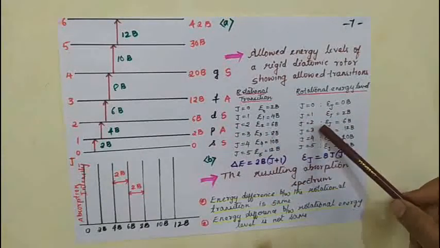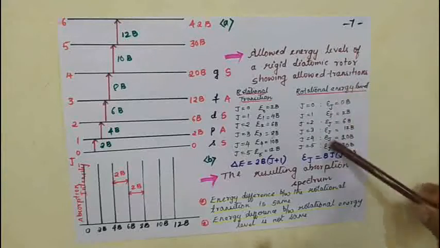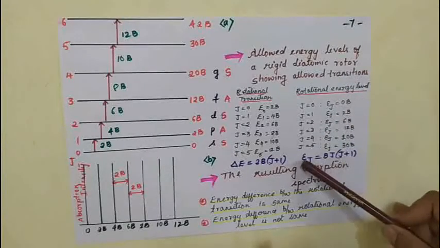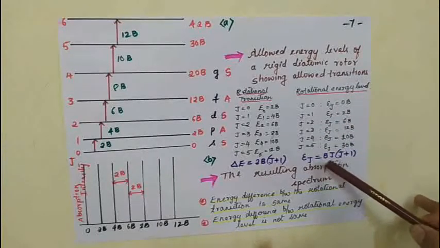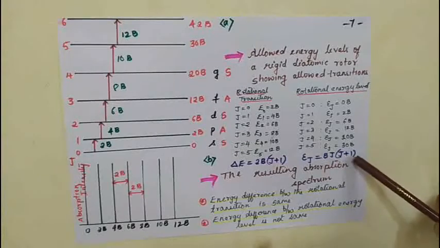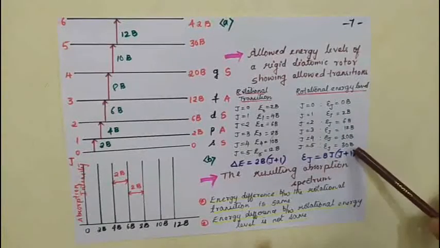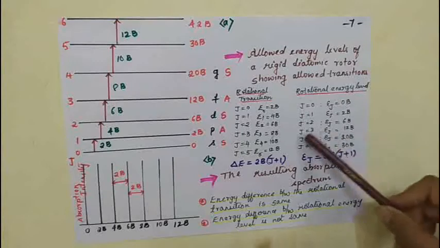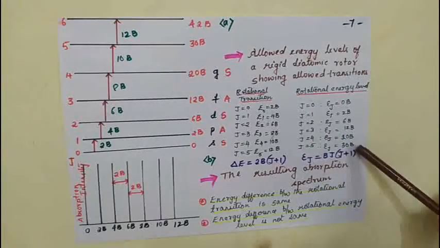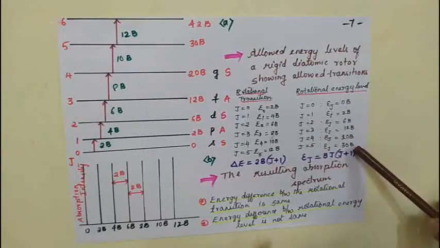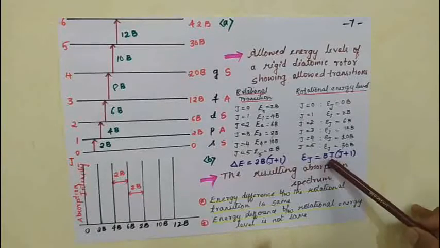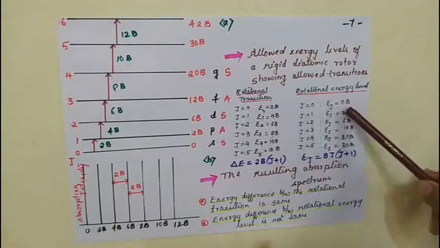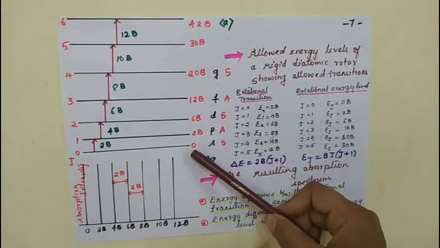When J is equal to 2, it is 6B. How did these values come? We know that epsilon J, the wave number, is equal to BJ into J plus 1, which we derived from the previous expression, the final expression for rotational energy level. In this expression, substitute J equal to 0. Then it is 0, so the 0 level has 0 energy.